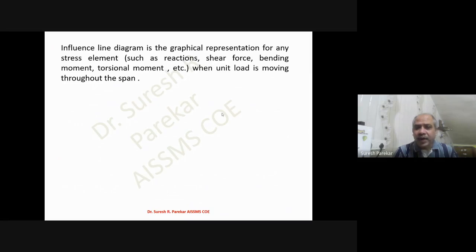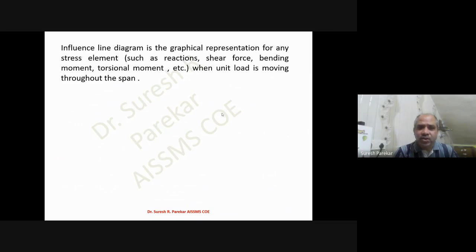So when we go for an influence line diagram, we have to remove all the loads and then move a unit load throughout the span, plot the values, and then plot the influence line. Now what is the benefit of this? Once you have plotted the influence line diagram, you can change the loading on the beam and just multiply load into ordinate, and you will get reactions, shear force at any point, and bending moment at any point.